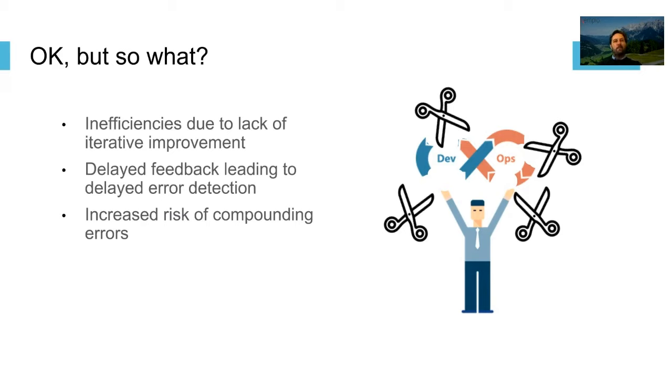You will, in fact, even delay your feedback. So you receive all of the risks that are associated with delayed error detection. And what's even worse, you might risk compounding errors. So in other words, not closing feedback loops is dangerous and scary.